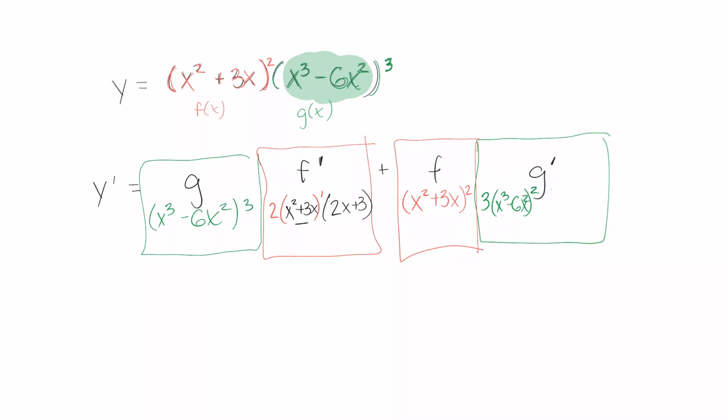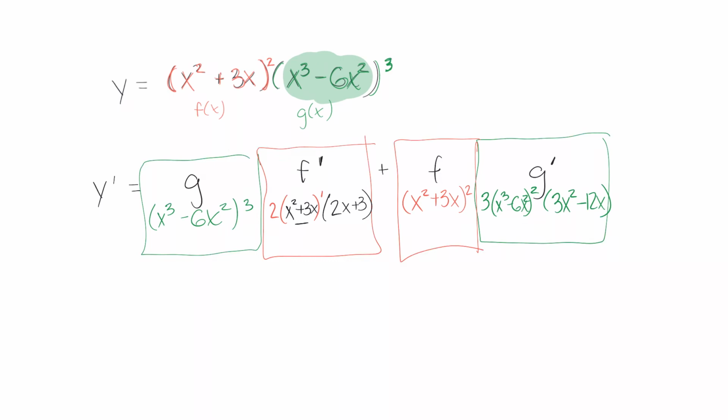Now we're going to multiply by the derivative of the green blob. Well, the green blob's derivative is 3x squared minus 12x. So that's the ugliest thing I've ever seen in my whole entire life, but it's the unsimplified version.